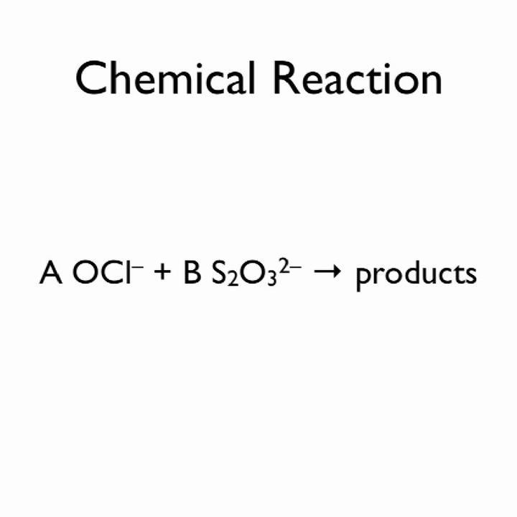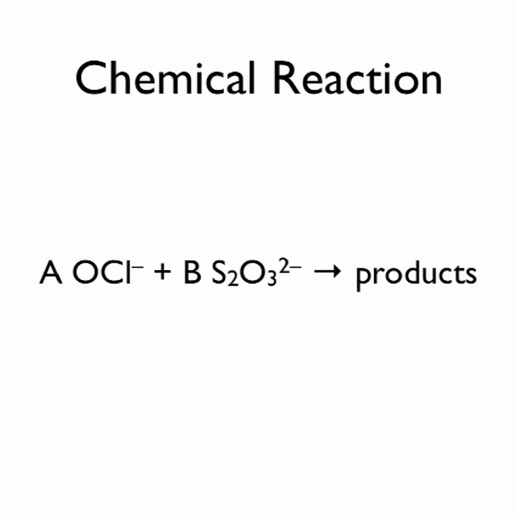This experiment uses two common substances as the reactants, the hypochlorite ion from household bleach and thiosulfate ion, the active ingredient in a photographic fixture solution used to develop film. In the reaction, hypochlorite ion oxidizes the thiosulfate ions according to the unbalanced equation, an incomplete reaction shown on this slide.